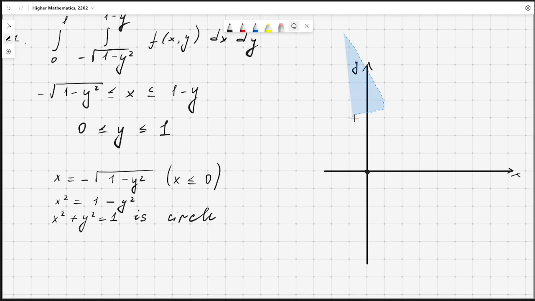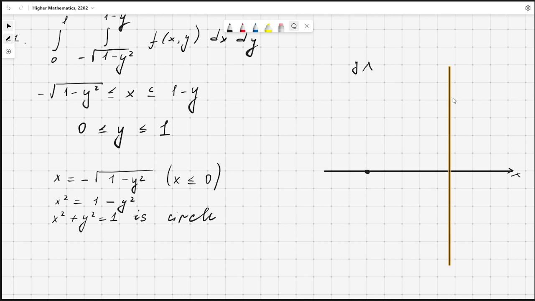X is a negative number. This x is negative.